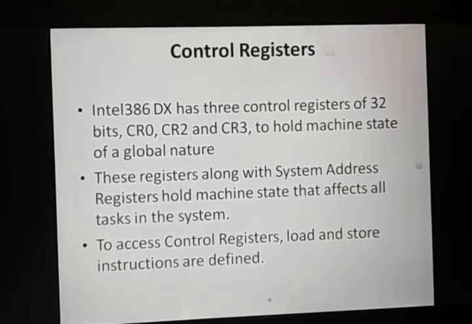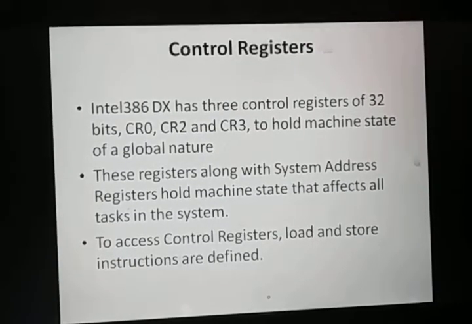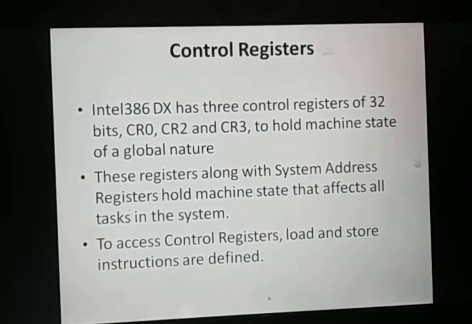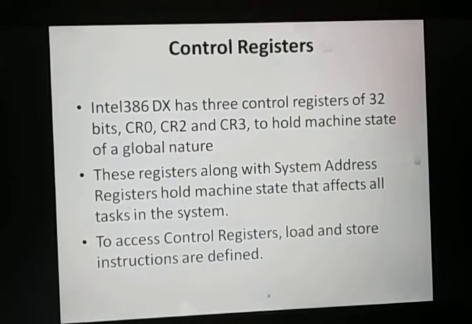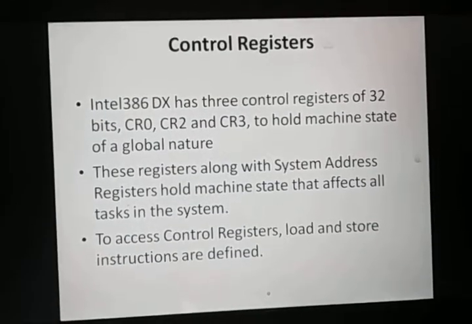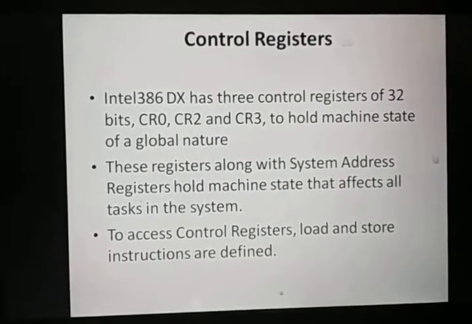The same goes for the store instructions: store global descriptor table register, store local descriptor table register, store interrupt descriptor table register, store control register, store debug register, and store test register. We use these instructions like that.